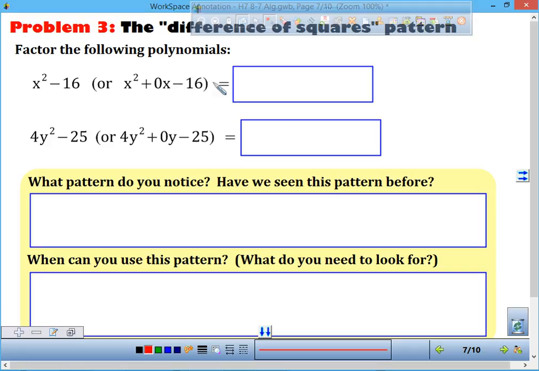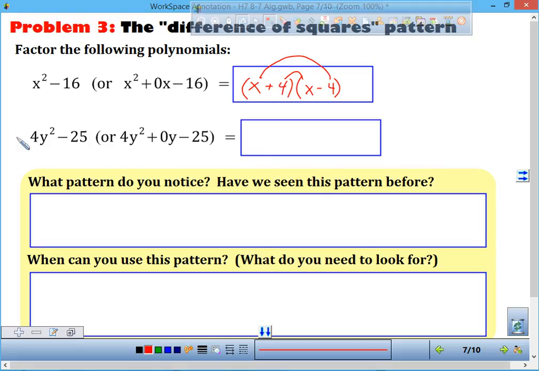You're going to find the square root of the first term, which is x, and the square root of the last term, which is 4. You're going to have one binomial that's positive, one binomial that's negative. The reason we have to have a positive and a negative is because this 4x would have to cancel out that negative 4x there, to give us the 0x here.